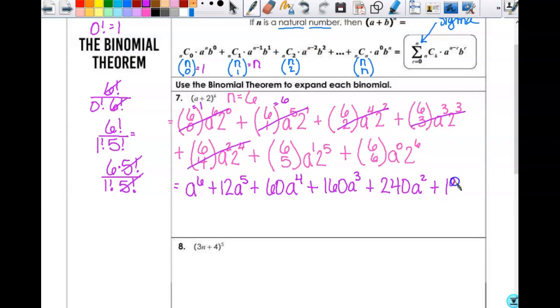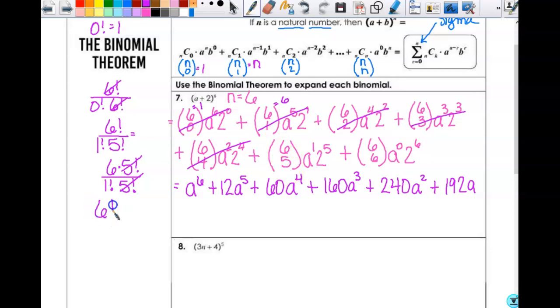Plus 192a. And then here, guess what? We're back to this 6, 6. The last one should always be 1 also if you understand that whole Pascal's triangle. And really this one would also just be 6 if you want to think about that. But the very last, you got to multiply it by a number anyway.